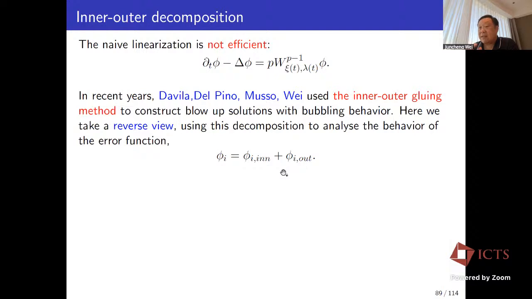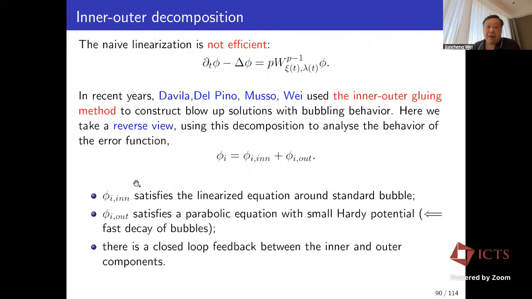Okay, this is different. In the inner-outer gluing to construct a solution, we construct the error. But here we already have a solution. We already know the error.